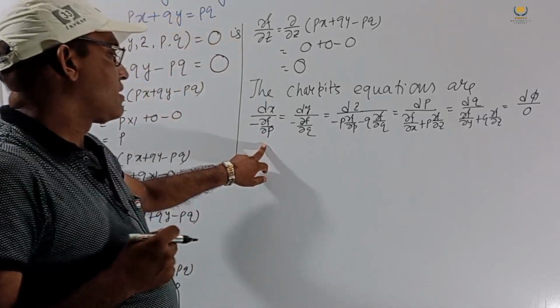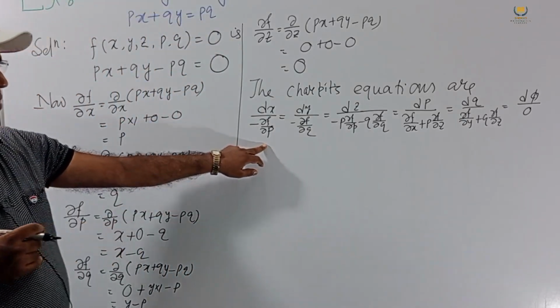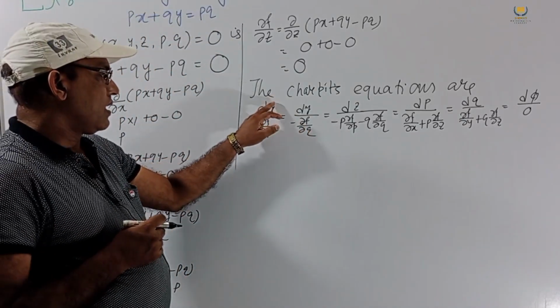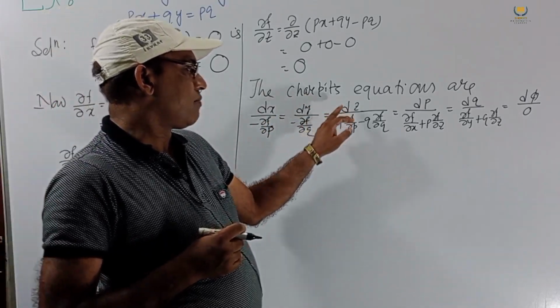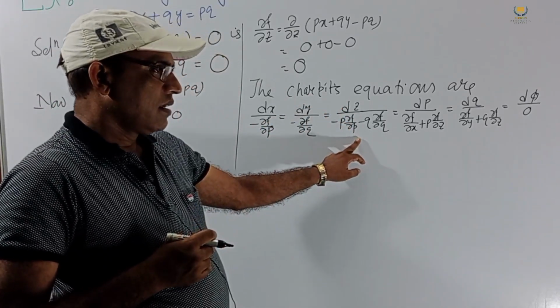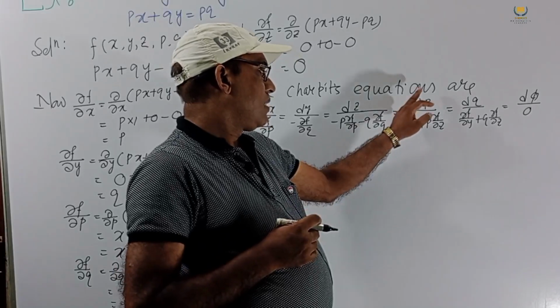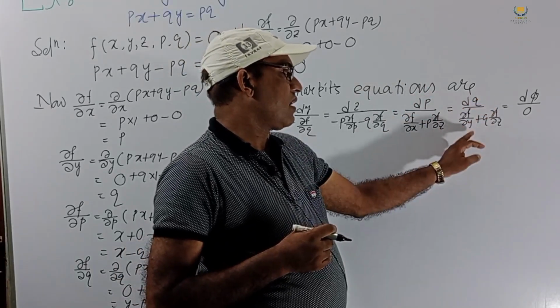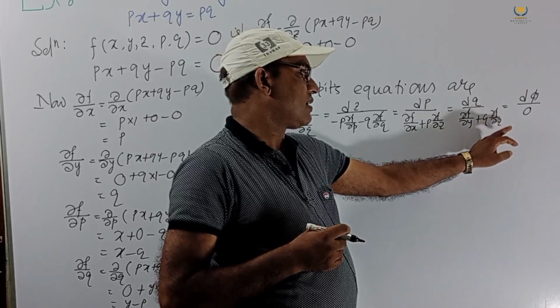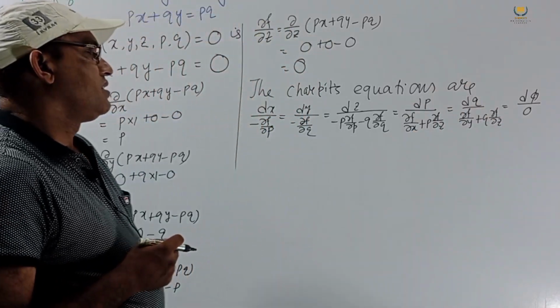So this is our Charpit's equation: dx/(∂f/∂p) = dy/(∂f/∂q) = dz/(−p ∂f/∂p − q ∂f/∂q) = dp/(∂f/∂x + p ∂f/∂z) = dq/(∂f/∂y + q ∂f/∂z) = dφ/0.